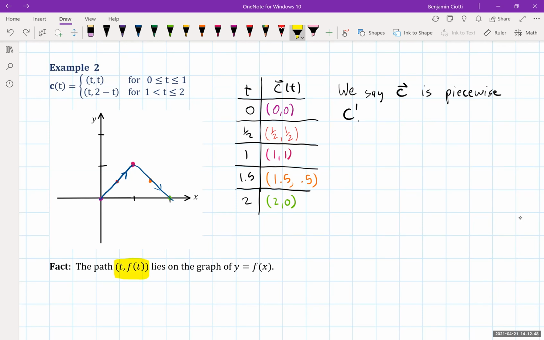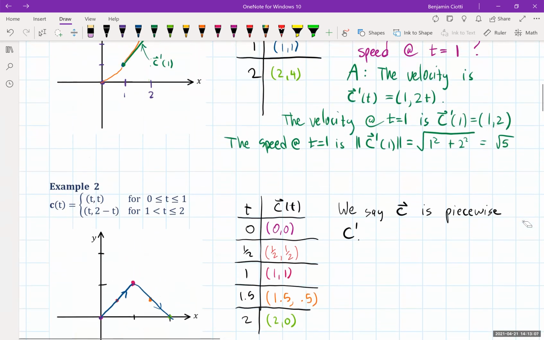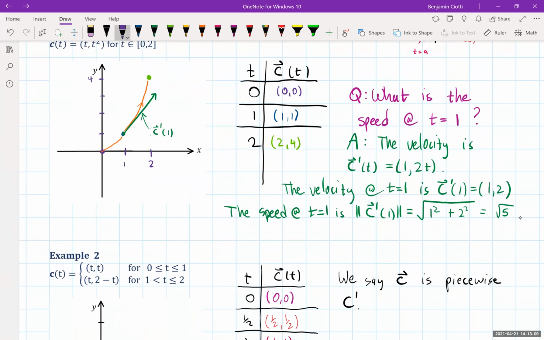If you write the curve where the first coordinate is just t, and the second coordinate is some function of t, well, that curve is going to lie on the graph of that function. Just like in the first example, the curve was on the graph of x squared. It didn't take up the whole graph, but it was on the graph. It was a certain portion of the graph.